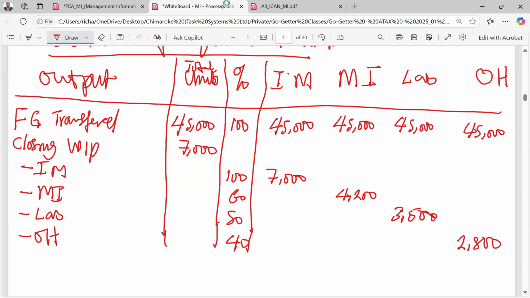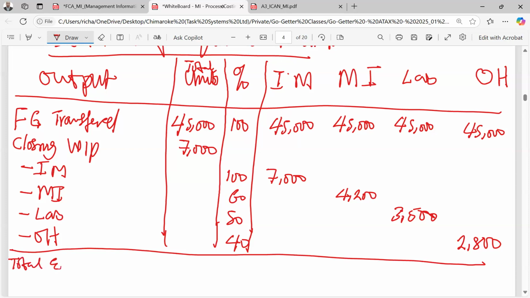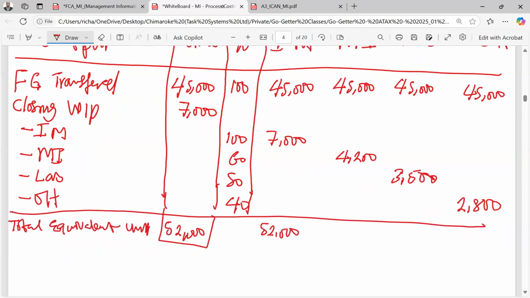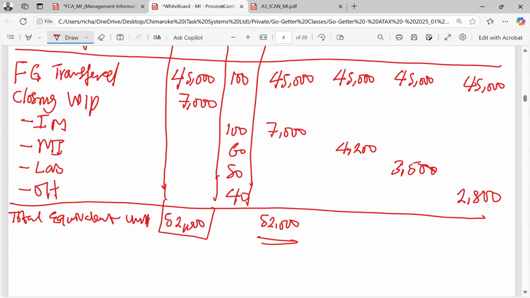With that, we calculate our total equivalent units. Total units is 52,000. Input material is 52,000.